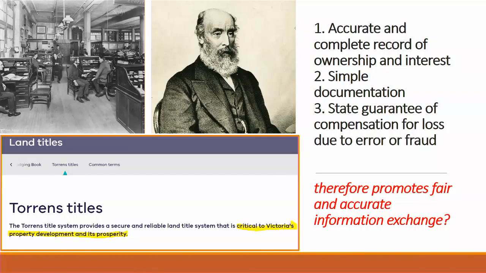But how important, I don't know. The state government says the Torrens title system is critical to Victoria's property development and its prosperity. That's a big call, because basically it's a management system for land information. But it is very powerful.